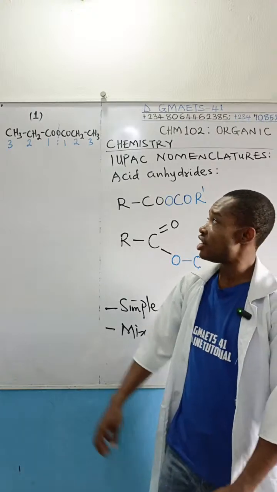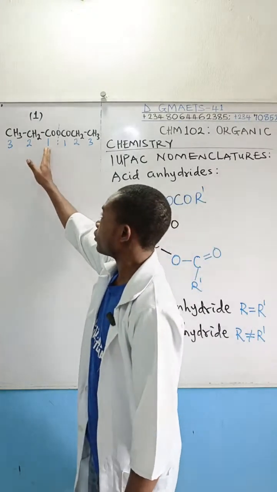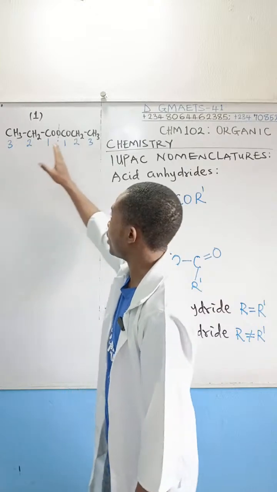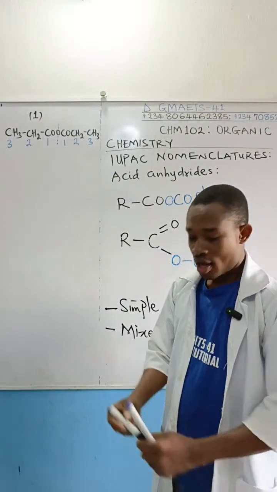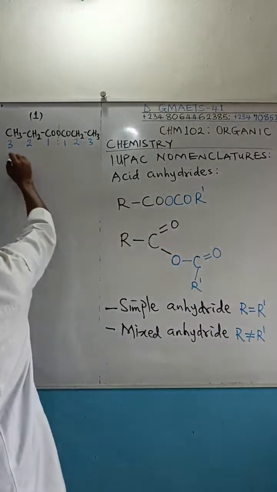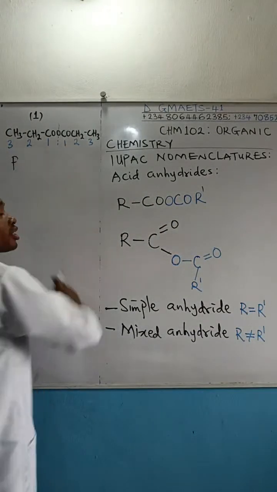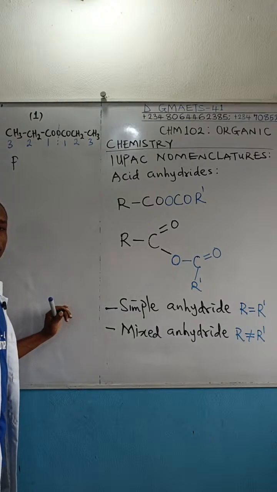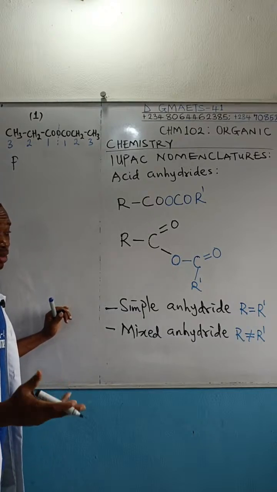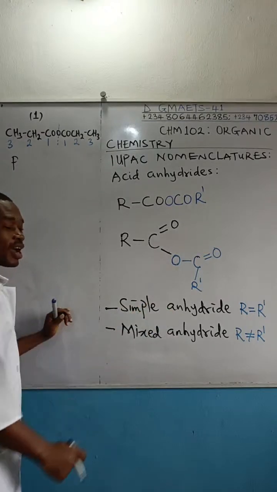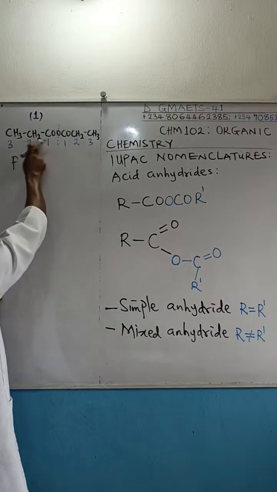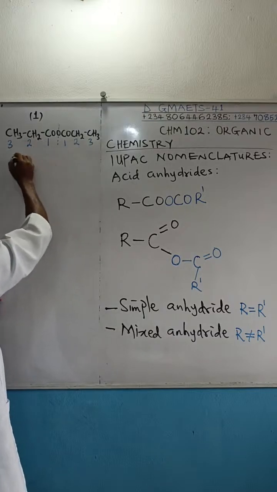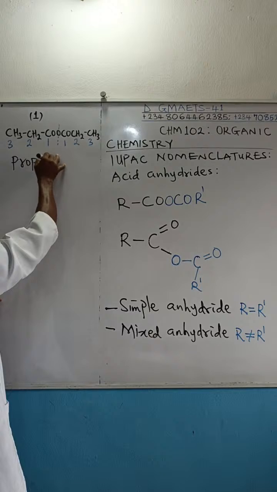So you see that the number of carbon atoms on the left and on the right are the same. Because they are the same, we can simply call this 3 carbon atom prop. Remember I told you for simple anhydride, the name is simply alkanoic anhydride. Since you have prop here and prop here, this is simply propanoic anhydride.